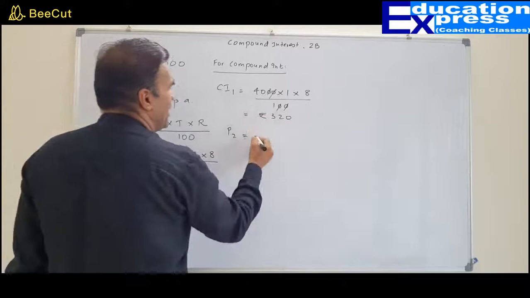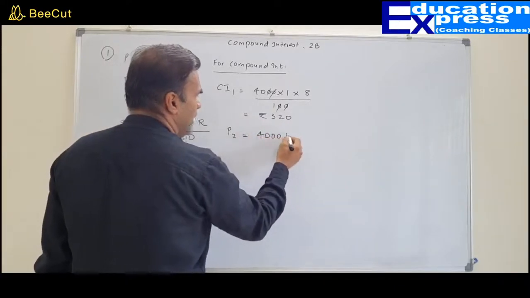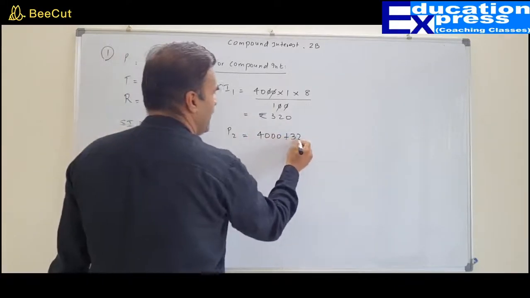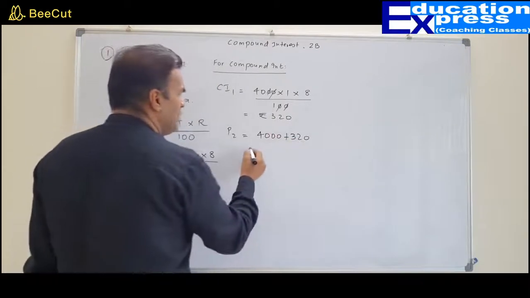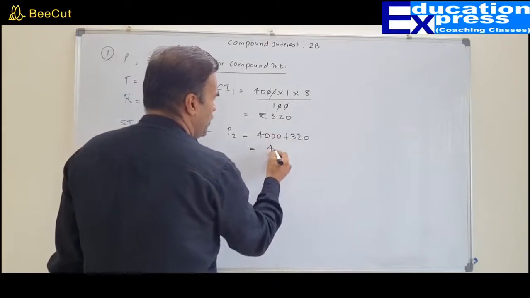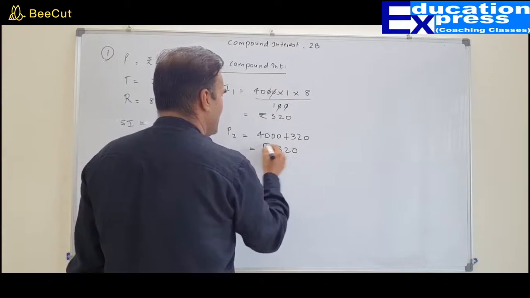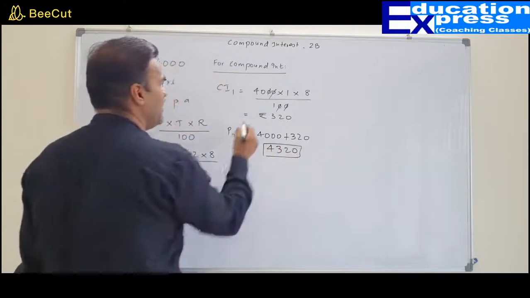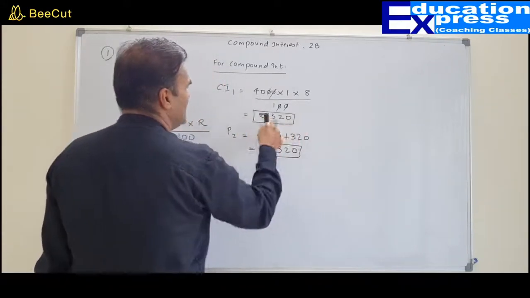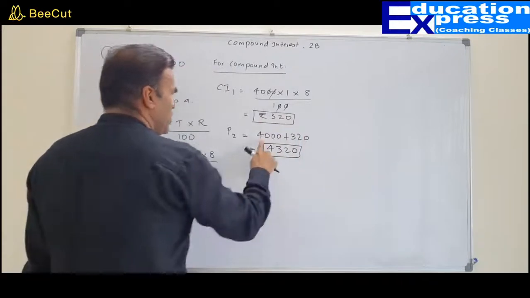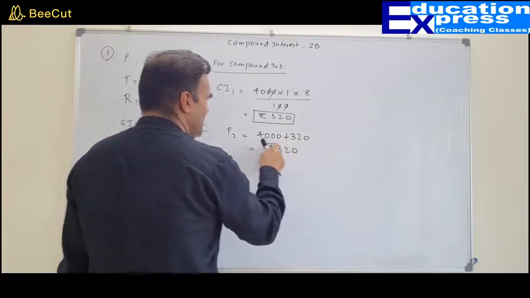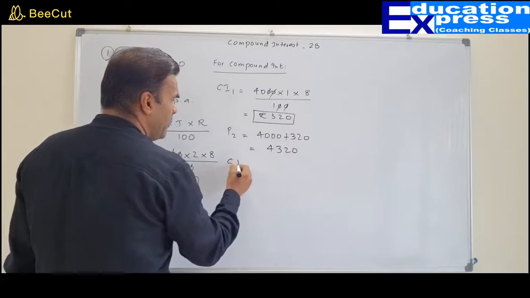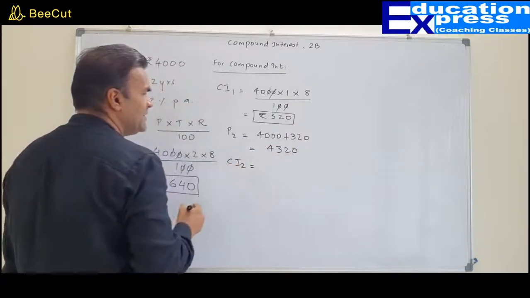So can we find out principal for the second year? Yes, sir. We started with 4,000. Add to it 320. So my principal for the second year would be 4,320. This is the principal for the second year. Can we find compound interest for the second year? Yes, sir.